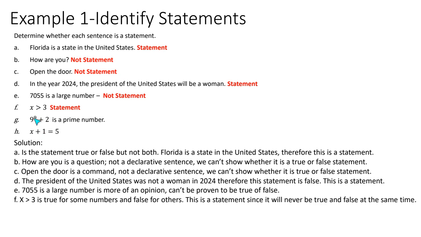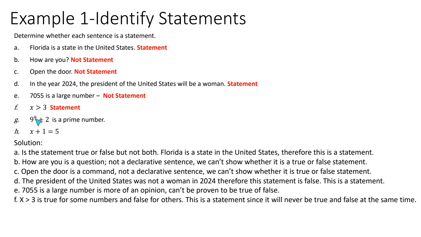9 to the 9th power plus 2 is a prime number. Okay, so maybe we're not sure what a prime number is. Maybe you don't remember what a prime number is, or maybe you don't know what this number is if you do 9 to the 9th power, and that's okay. The important thing that you want to ask yourself is whether you can say that this is true or false.